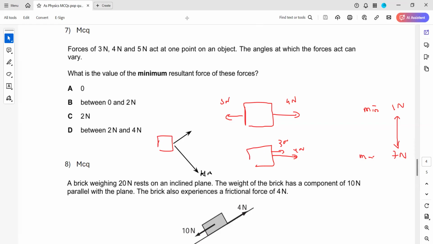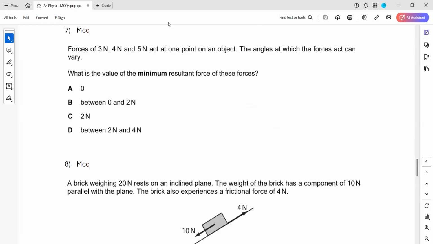So what we can do here, for example, we have 5 Newton on the right hand side and 4 and 3 Newton on the other side, but I can change their magnitude. How can I change the magnitude? By changing the angle. So 4 Newton and 3 Newton, what is the minimum magnitude they can have? 1. What is the maximum magnitude they can have? 7.